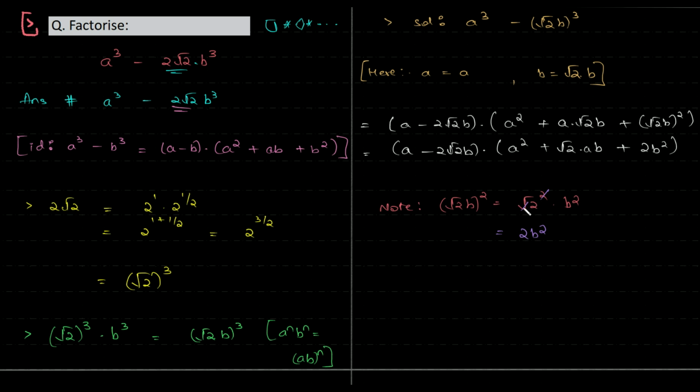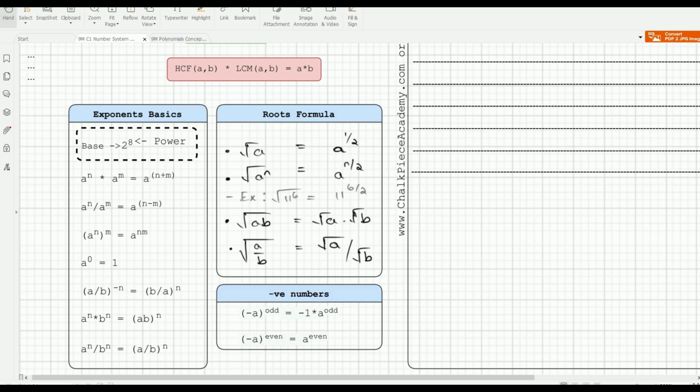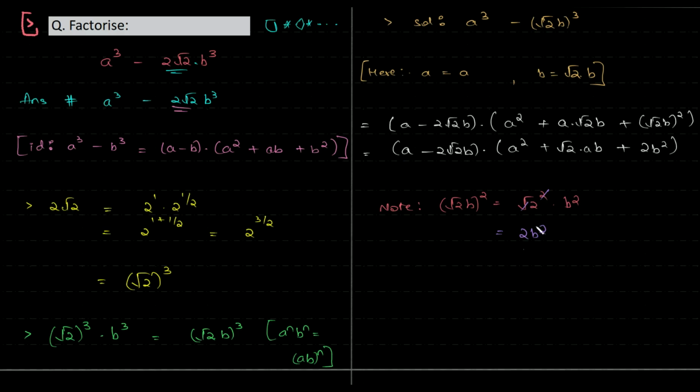Sorry, I didn't explain why. I just jumped to the answer. Why will root and square get cancelled? Because root is nothing but raised to the power of half. So in place of n, if I had 2 over here, in place of 6, if I had 2 over here, what will happen? 2 divided by 2 will be 1. Is it not? So we can cancel directly. Cancellation means it is 1. Okay, it's not 0. It is 2 to the power of 1. So basically 2 itself.